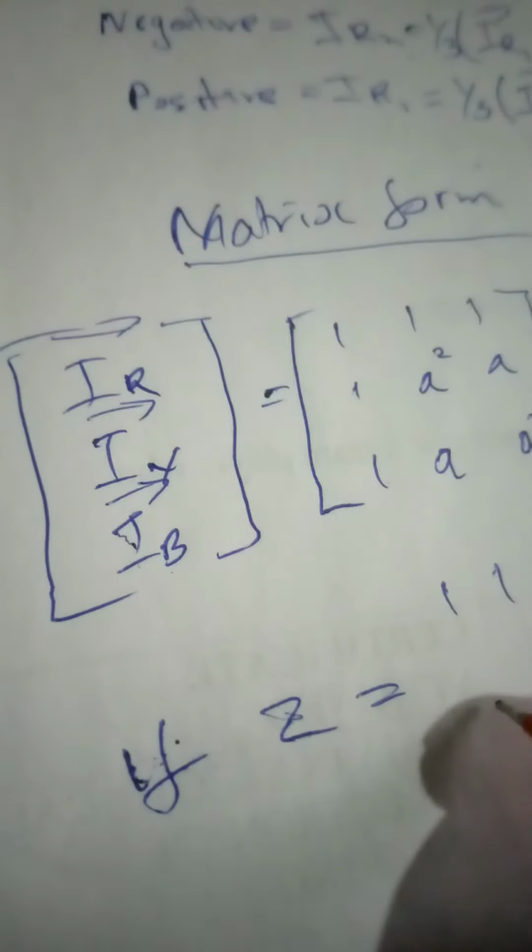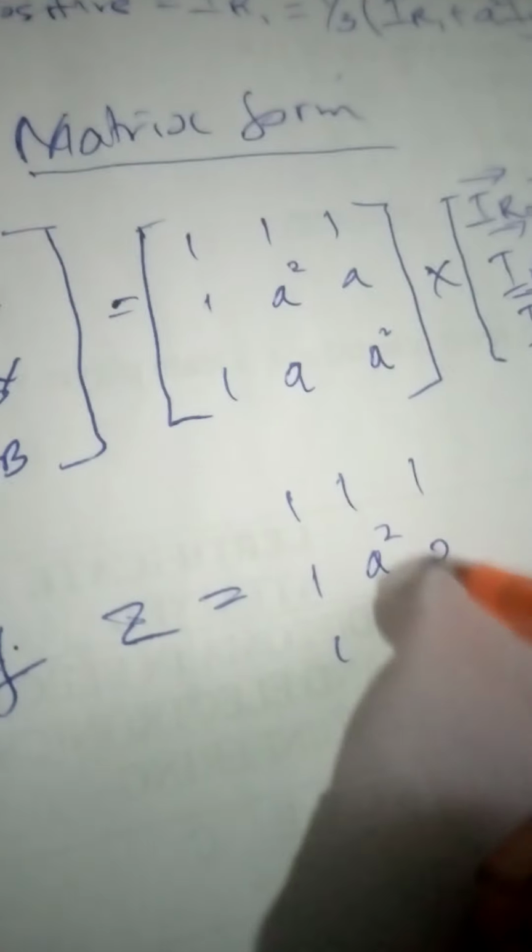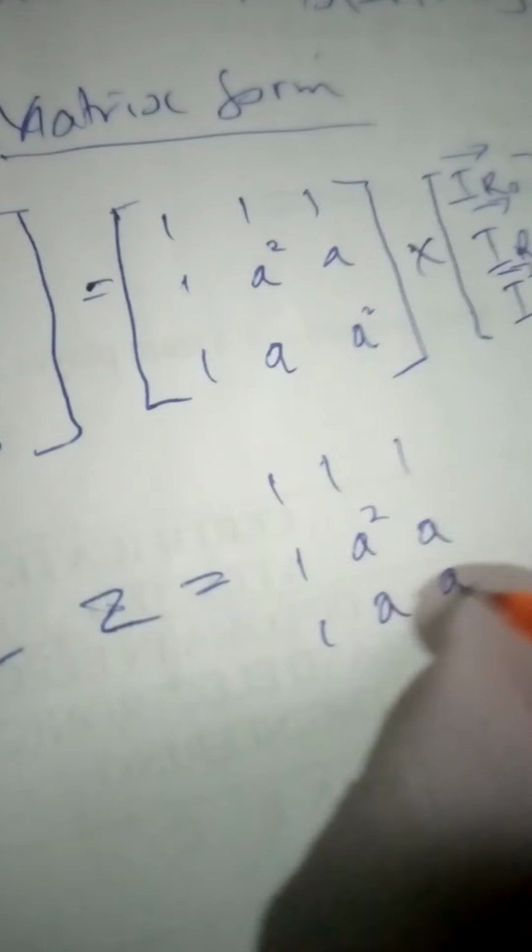I0, if Z is given by 1 1 1 1 1 A squared A and A squared.